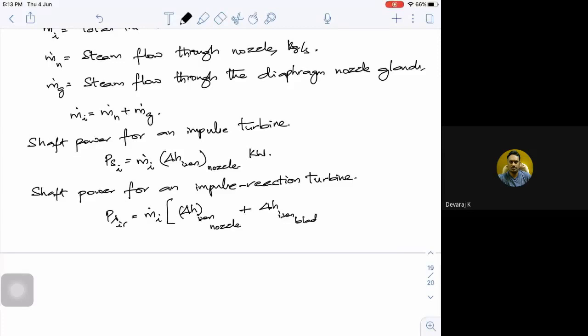This is the major difference between the power developed for an impulse case and an impulse reaction case. In the impulse reaction case, the enthalpy drop occurs in both the stator vanes or nozzle and the rotor. But in an impulse turbine, the enthalpy drop in the nozzle can be directly multiplied with the mass flow rate to calculate the power.